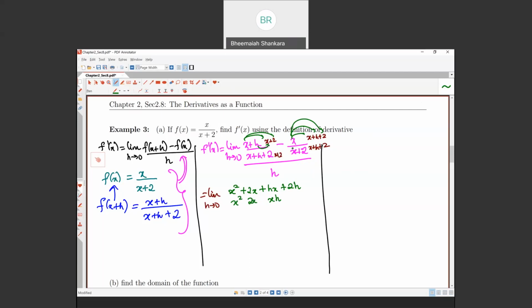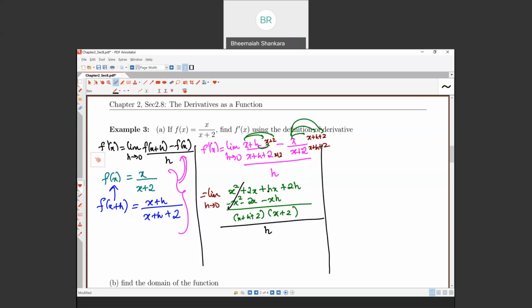And you have a negative sign for x, so every term gets a negative sign, so write negative. And this term is divided by x plus h plus 2 times x plus 2. Still, this is the numerator of the entire fraction, and this entire term will be divided by h. So this is this denominator.